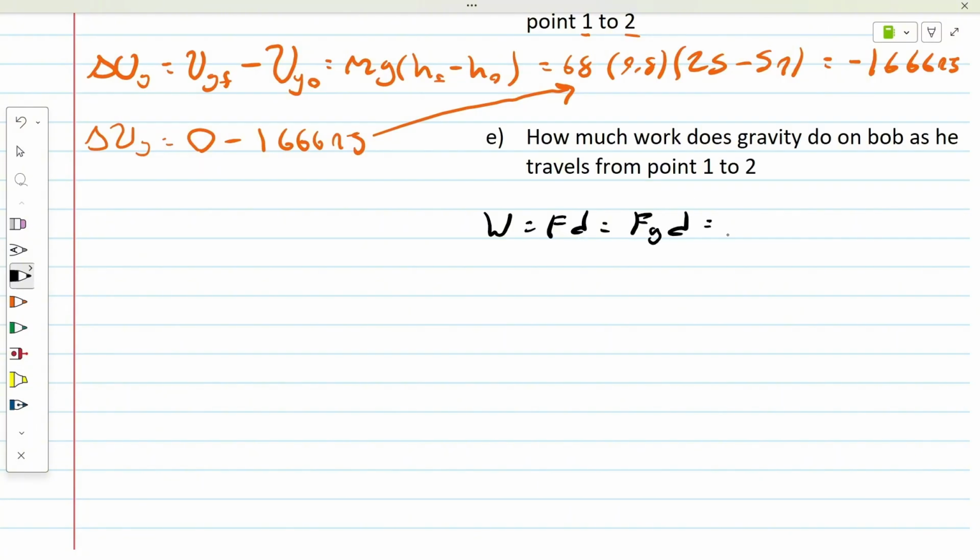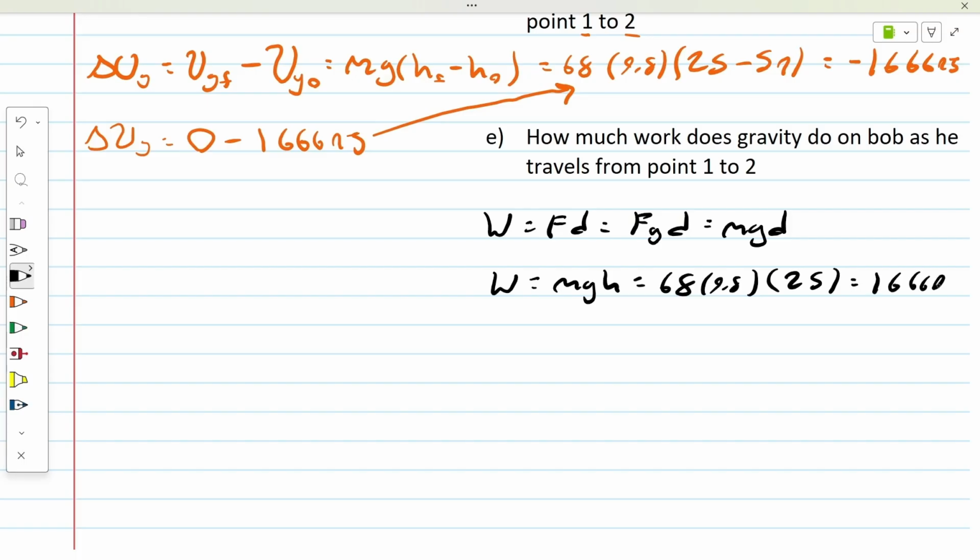And notice Fg equals mg, so we just get mg times the distance, which in this case is the height from point 1 to point 2. And so the work just equals mg times the height, which is still going to be 68, 9.8, and the height from point 1 to point 2, as we found earlier, was 25. So we will get 16660 joules.